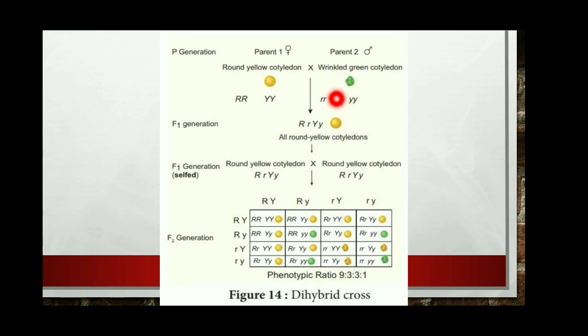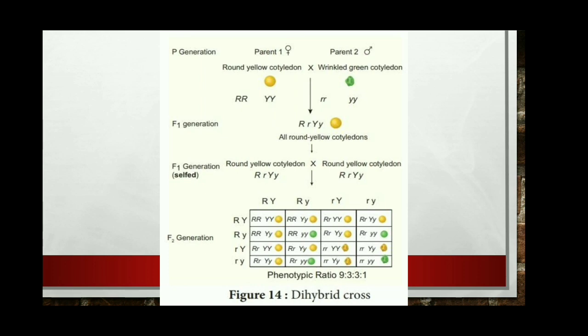This is considered as the parental generation. He crossed these two plants. In the first generation, he got all the offspring with round and yellow seeds. That is the dominant trait. There are no wrinkled green seeds in the F1 generation.